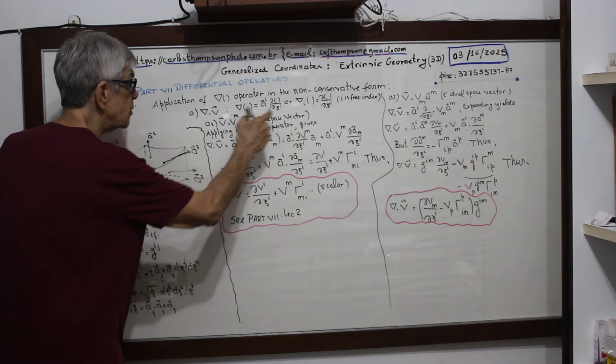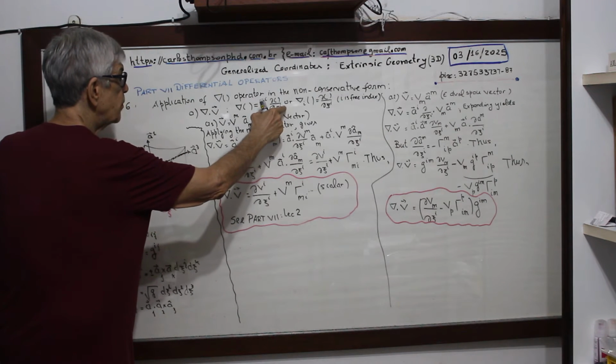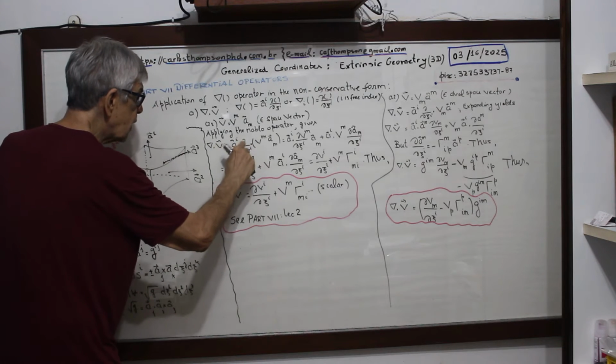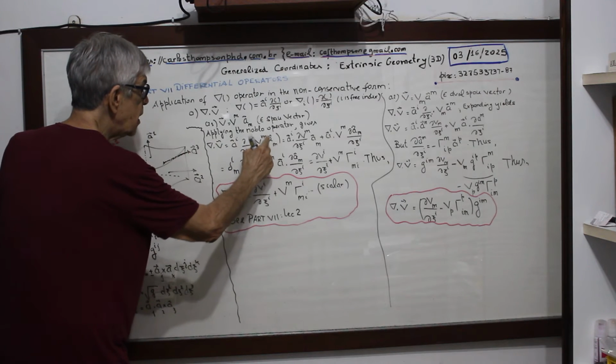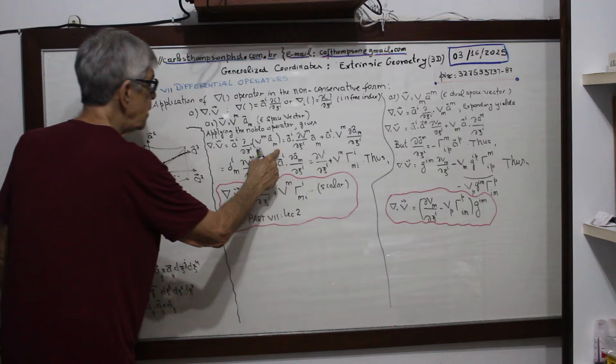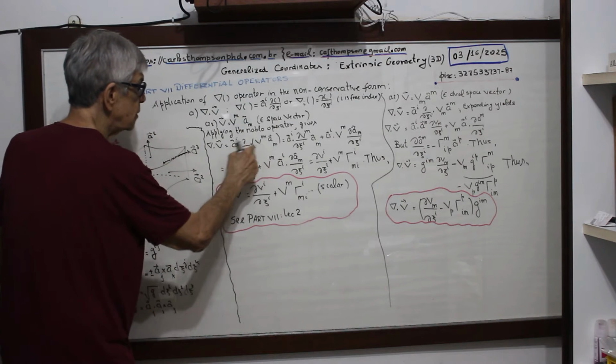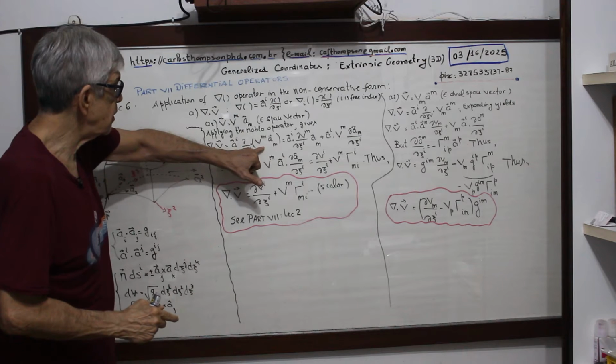Okay, I just repeat. You see, this operator right over here. Dot. Don't forget the dot. Now V^m a_m. Now we can expand this partial derivative here.